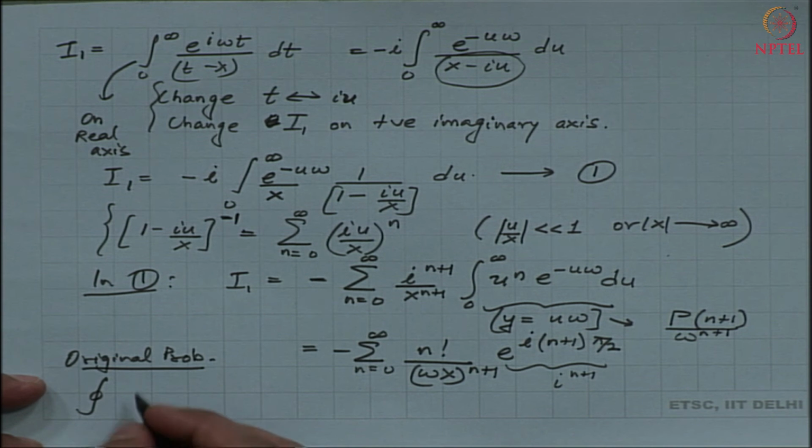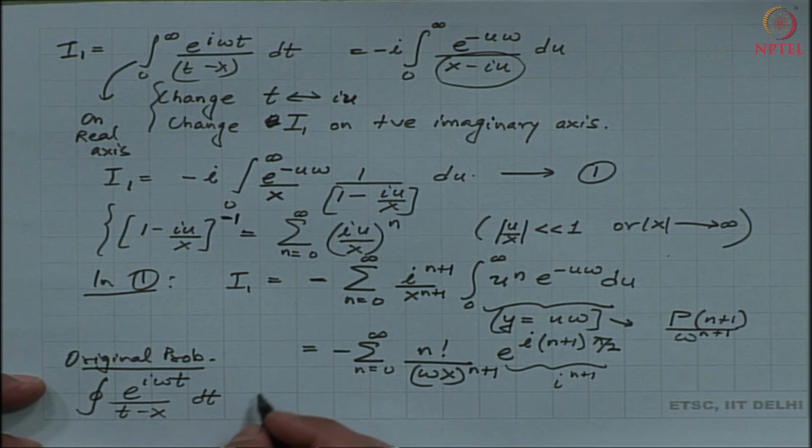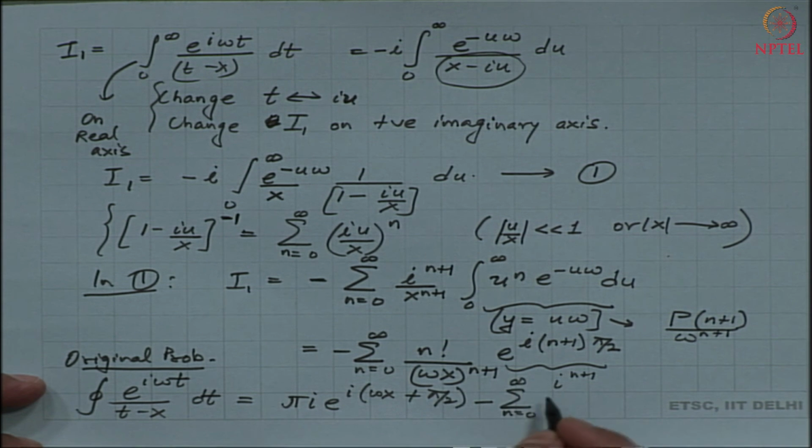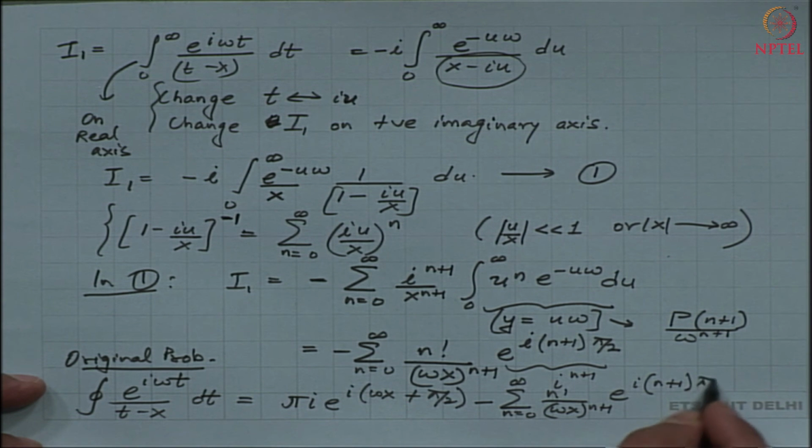My integral to be evaluated is e to the power i omega t divided by t minus x, dt, and this is equal to pi i e to the power i(omega x plus pi by 2) minus this infinite sum from 0 to infinity of n factorial by (omega x) to the power n plus 1 times e to the power i(n plus 1) pi by 2.